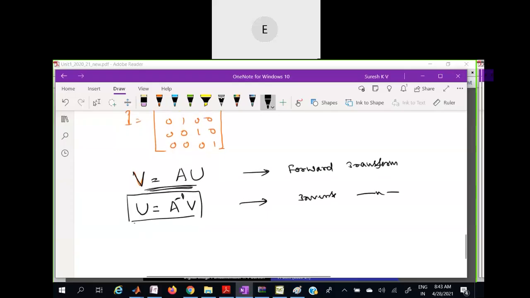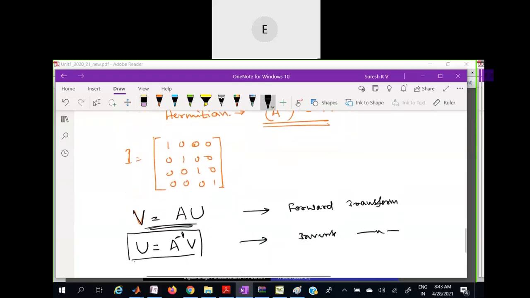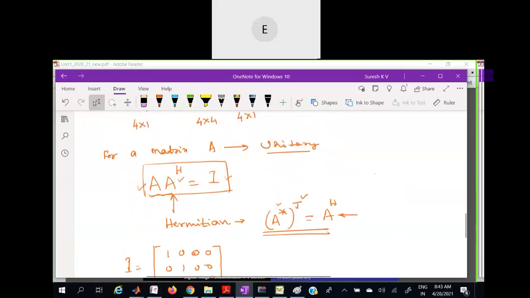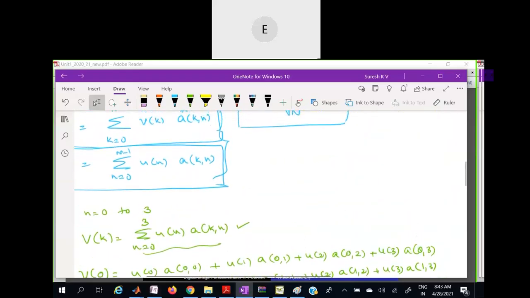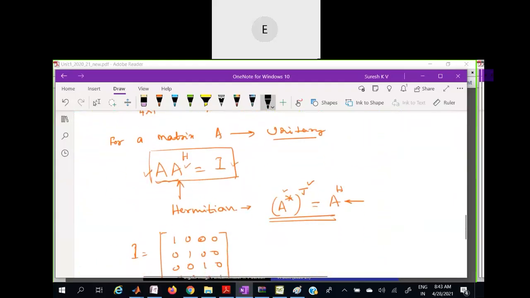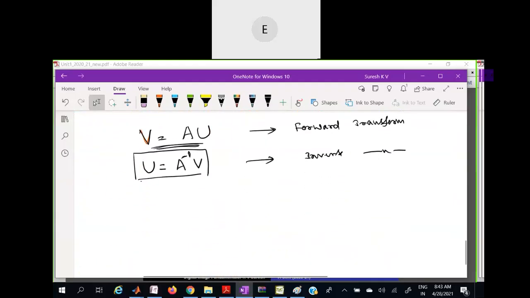Normally, the size of your U, for example, your U of n, that is your signal U of n, can be anything. So let me just take, for example, say U is equal to 1024 samples.